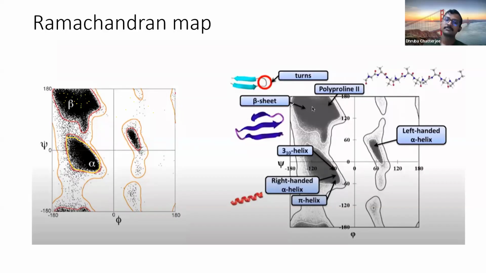So all of these different densities, having certain favorable sets of phi and psi angles, lead to the formation of different secondary structural elements that Ramachandran mapped in this two-dimensional representation of the three-dimensional protein fold, where one coordinate could be eliminated, which is omega, kept constant at 180 because of the planar nature of the peptide bond, the partial double bonded nature of the peptide bond.